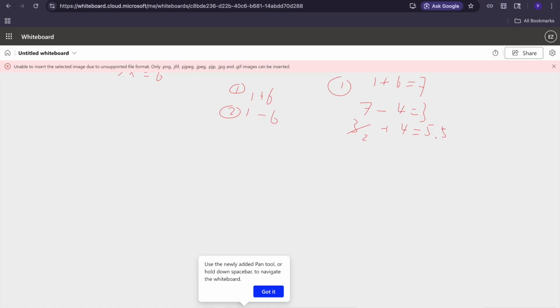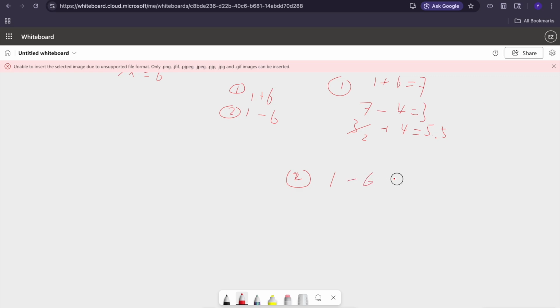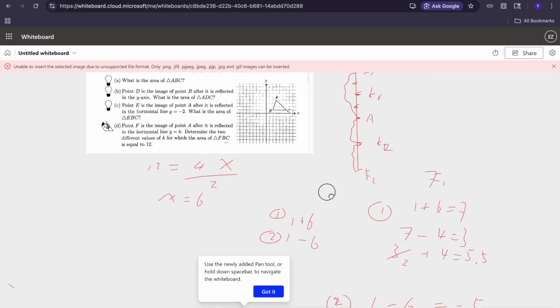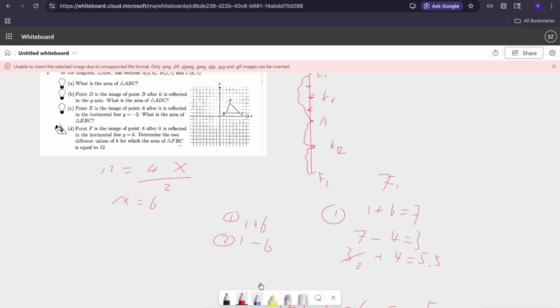Okay, second. For the second case, 1 minus 6. Similarly, we get minus 5. And minus 5 is here, somewhere around here, I guess.